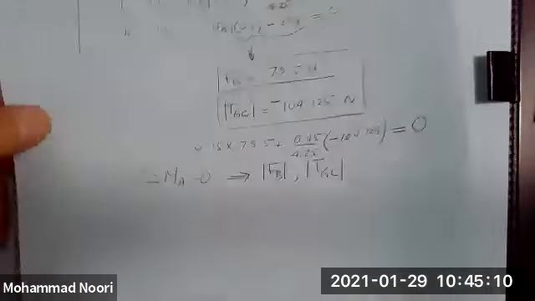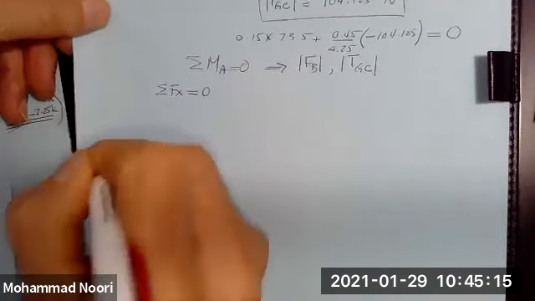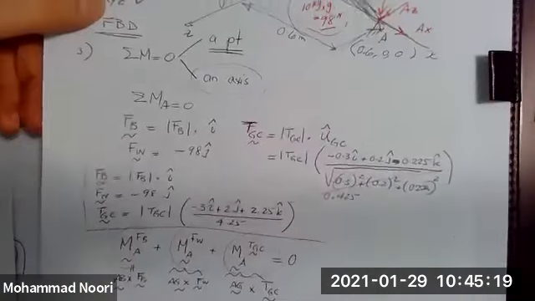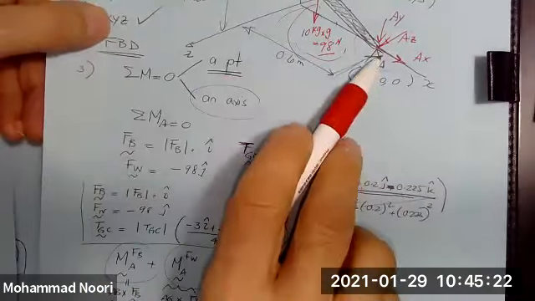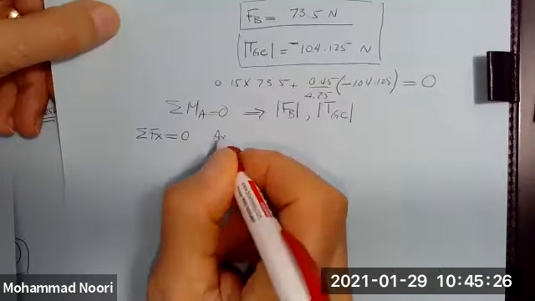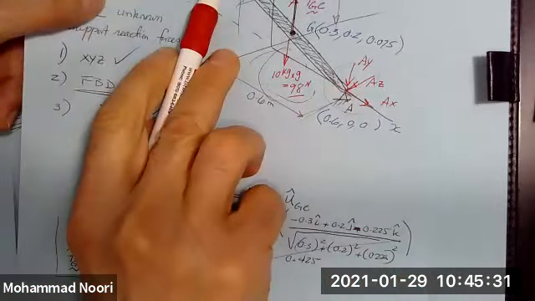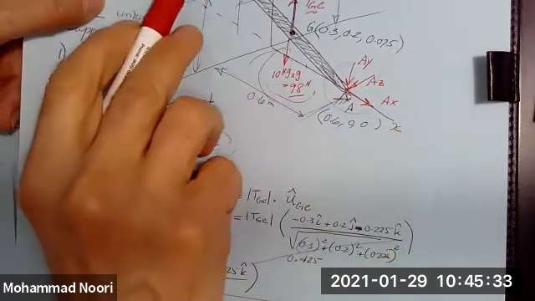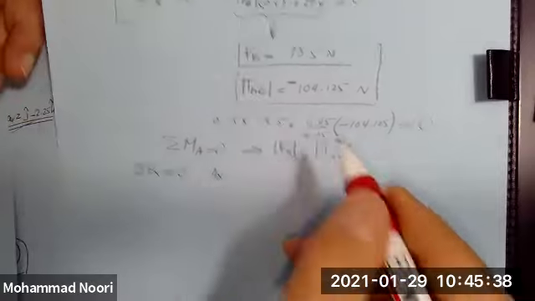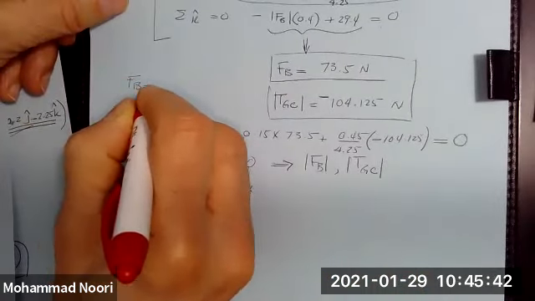Now I'm going to use summation of forces equal to zero. So what does that mean? The forces I have are AX, which is a component of the force here, and the component of FB along X. FB itself was along X. In other words, if you remember, FB was FBI.